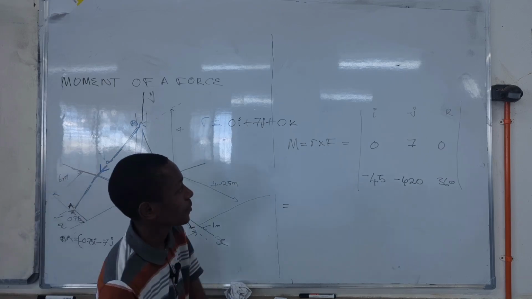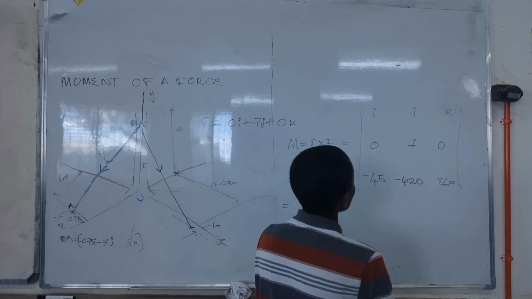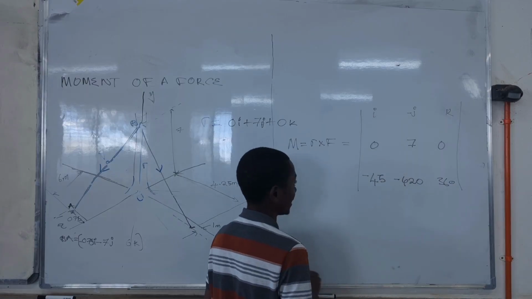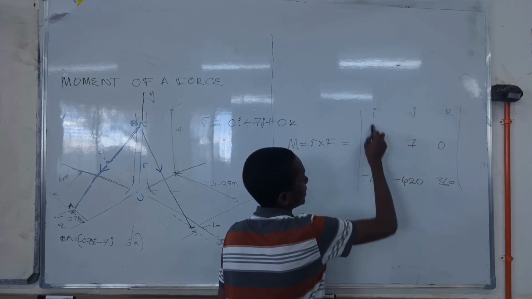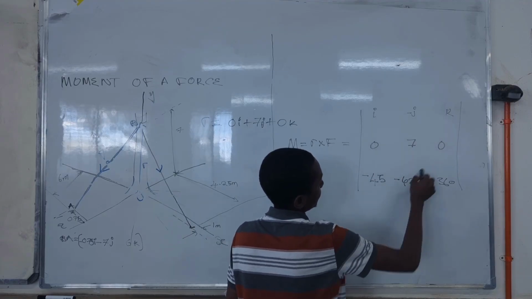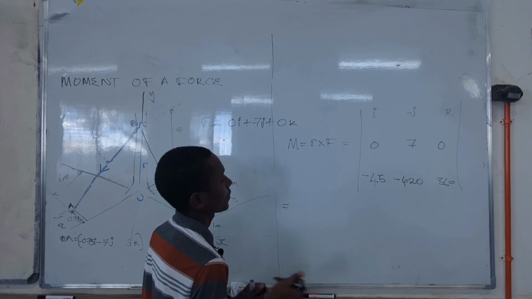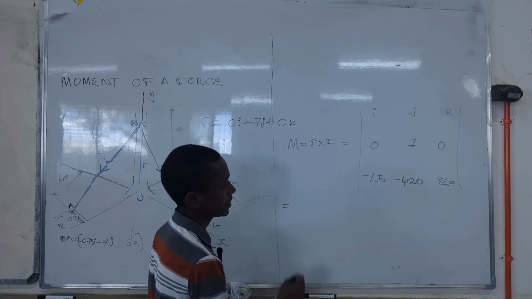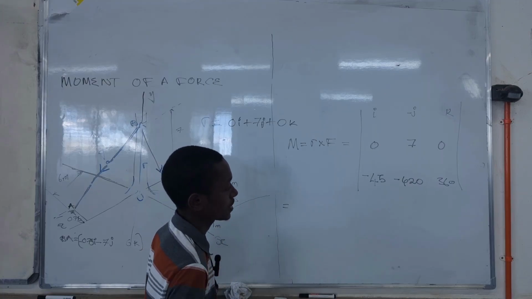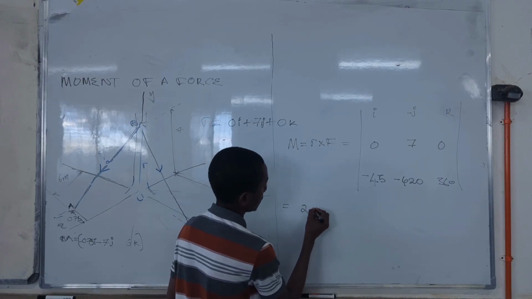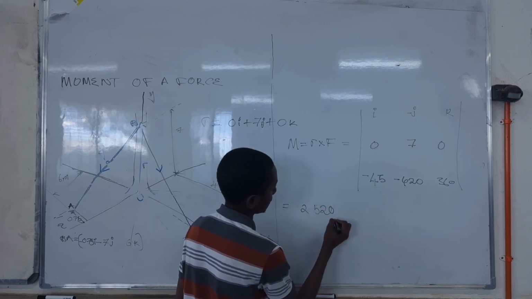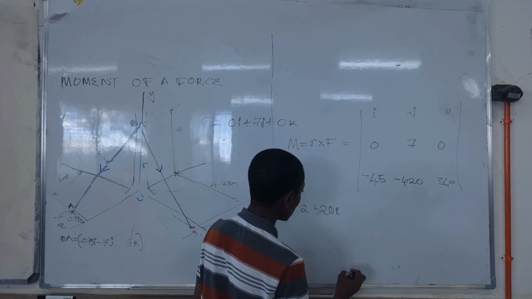Okay, when you're finding for i, you just basically hide this, right? Then you say this one times this one, and then this one, you get 0. So what's the answer? 7 times 360 is 2,520 i.